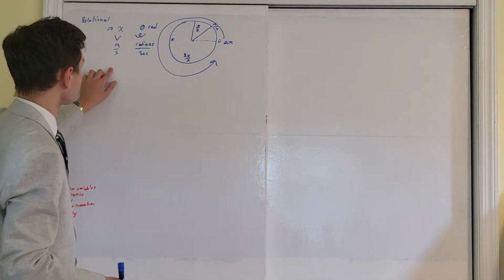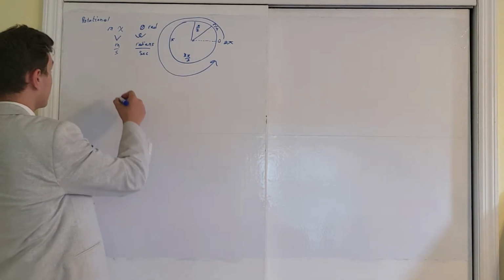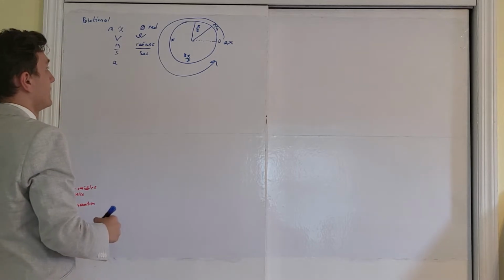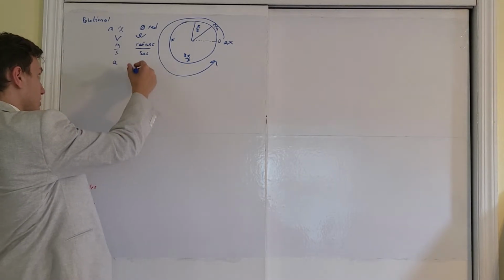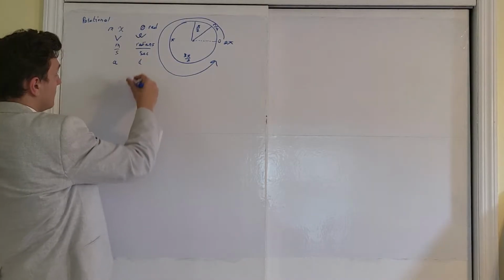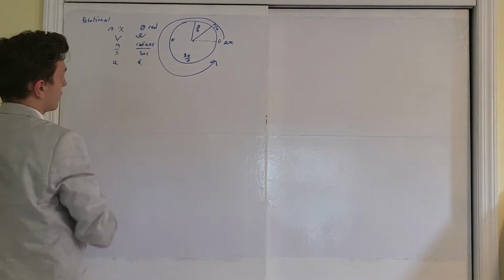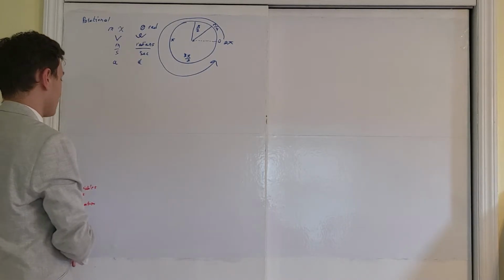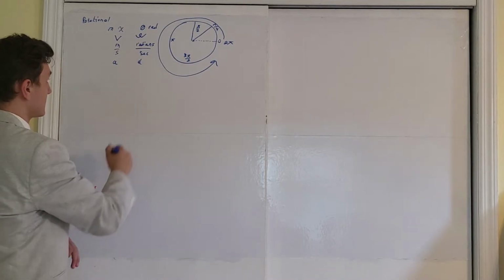And then, if we go one step further, we have linear acceleration a, and we have rotational acceleration alpha. It's kind of difficult to draw an alpha that doesn't look like an a, but it's in your best interest to learn how to make them distinct.